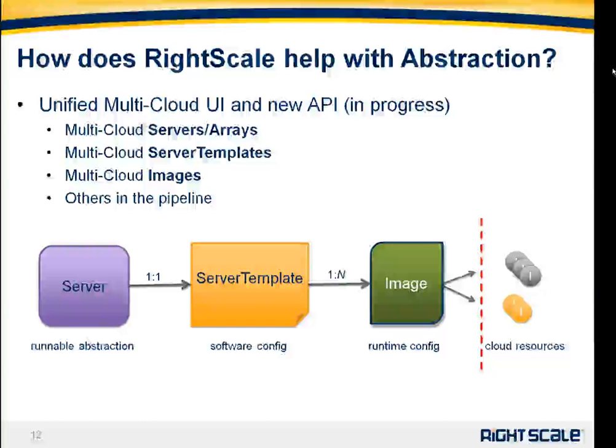And then one of the important points here is that you can start by going from the low level to a much higher level construct. For example, you have instances, which are really cloud resources that you want to detach from and build concepts like a server, which is a runnable abstraction. So in RightScale, for example, we have this concept of multi-cloud servers, or server arrays, which are constructs that allow you to define how you want these nodes, servers, or instances, however your cloud calls it, in terms of configuration.